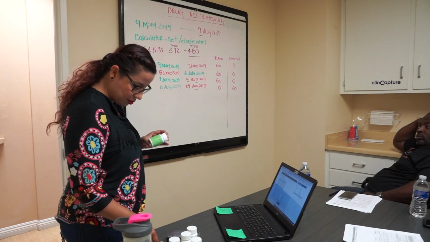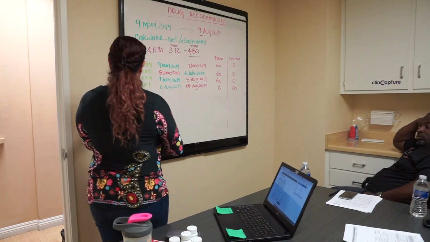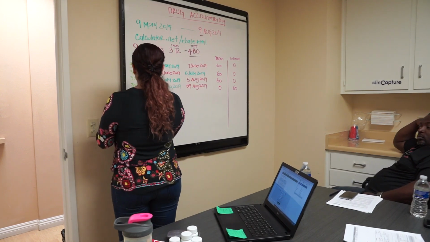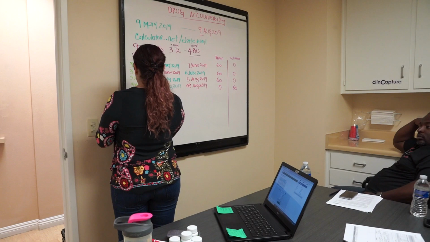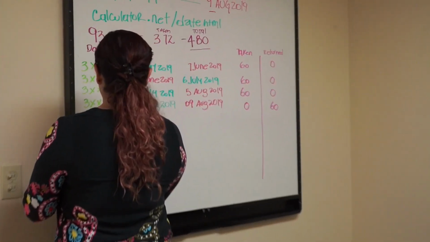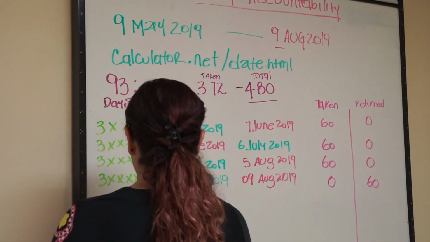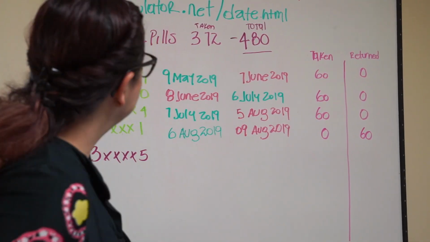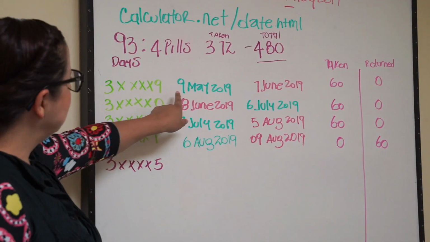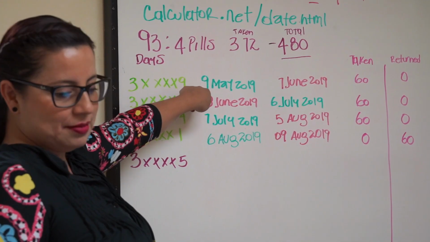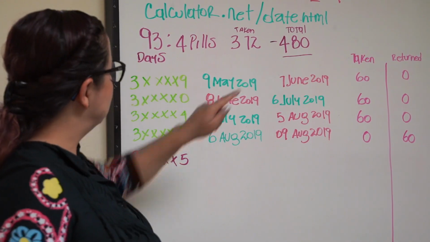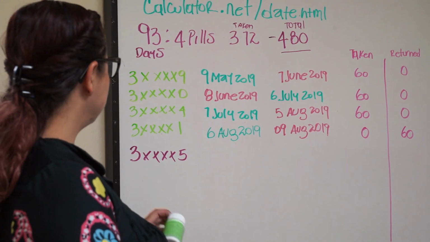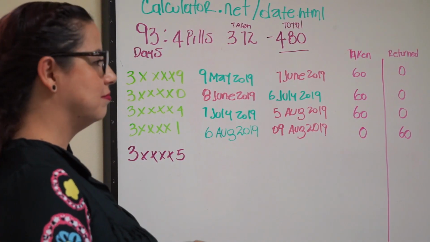Let's do it with a different color. So it's going to be this one. Okay, so if the patient starts on the 9th with the night medication, when should the morning be starting? The next day.